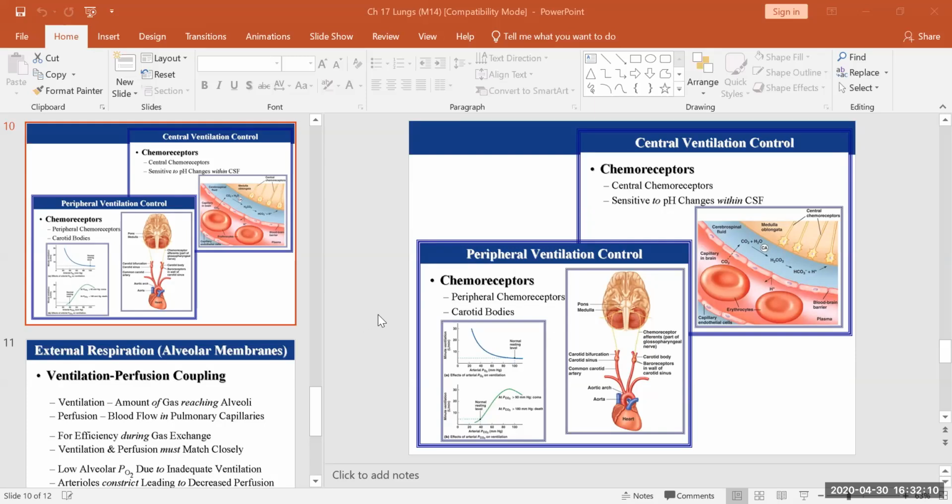So to summarize, peripheral chemoreceptors are located in the peripheral nervous system. Central chemoreceptors are located obviously in the central nervous system.